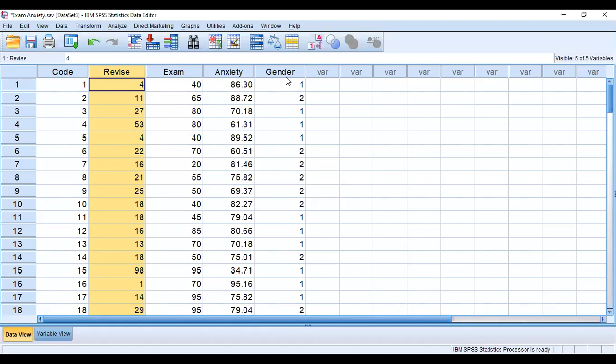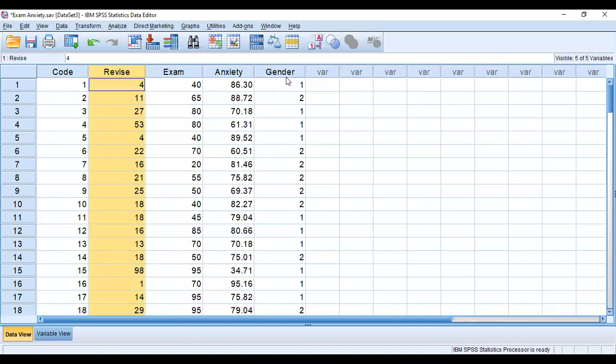I think if we give less time to our study, anxiety will be high. If we give more time to our study, anxiety will be low. It means there is a negative correlation between the two variables. Earlier I told you about exam performance and revision time. More revision time, more exam performance. It means there is a positive correlation.